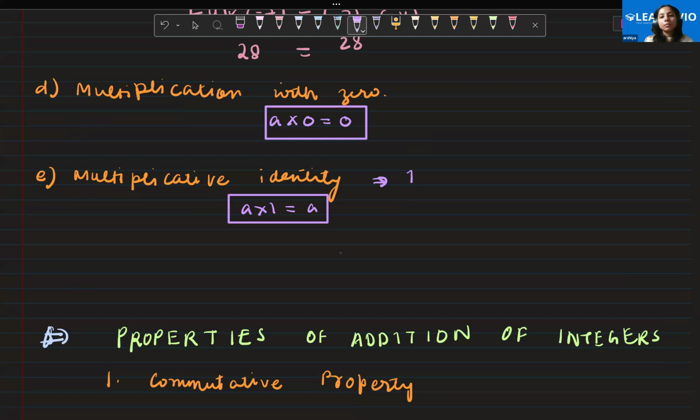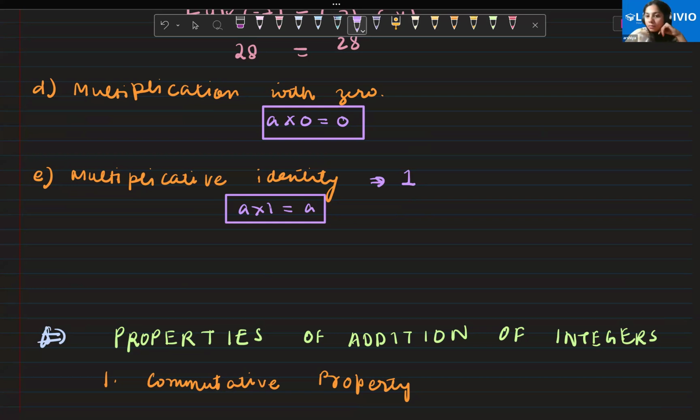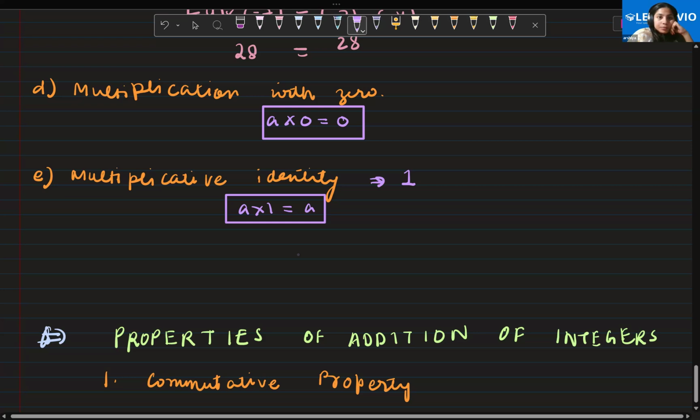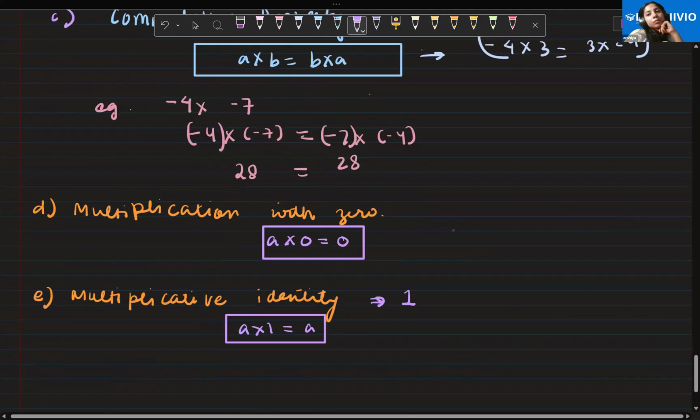Ma'am, are we supposed to write the properties of addition of integers also? Done, ma'am.